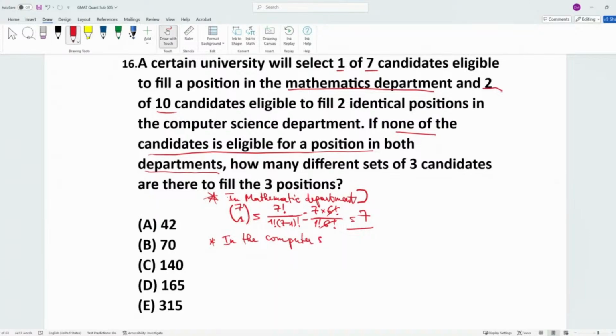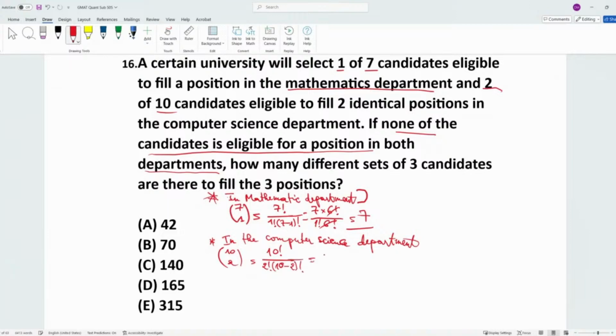So in the computer science department, we have to choose 2 out of 10. So 10 choose 2, which is 10 factorial over 8 factorial times 2 factorial.